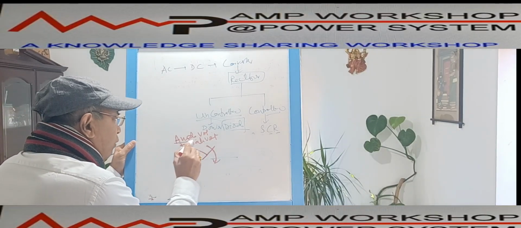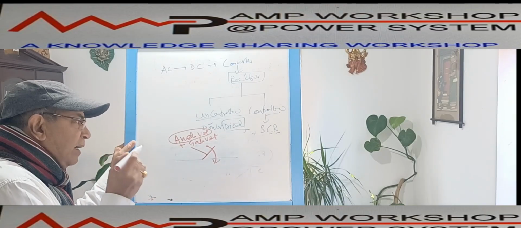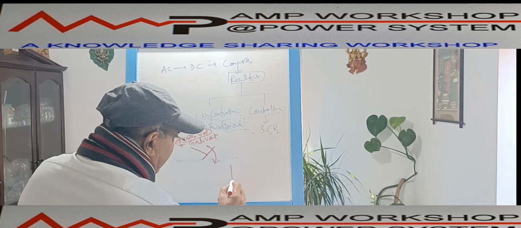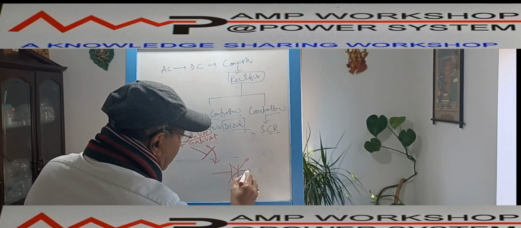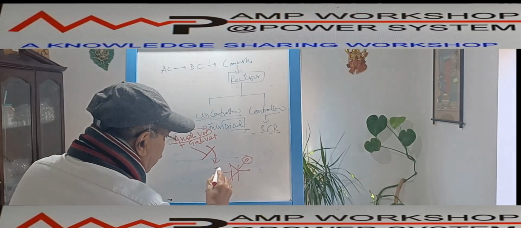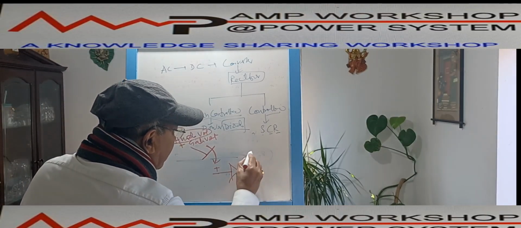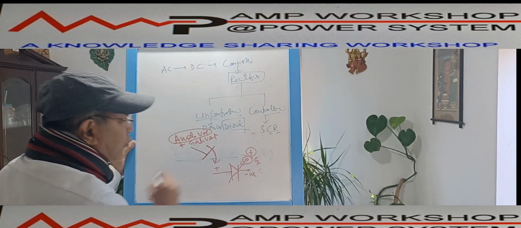The anode should be positive with respect to the cathode, like a diode. In addition to this, the gate terminal of the SCR should have a certain voltage. That means it will be positive with respect to the cathode, and it should have some voltage or some current.